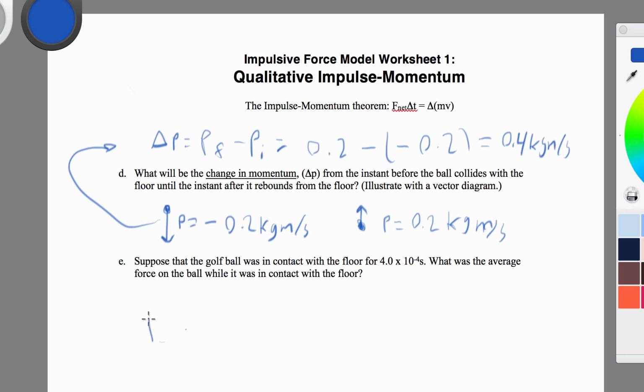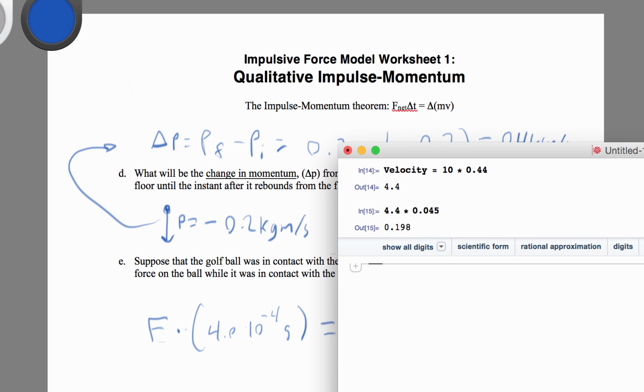So, some force times this time, 4.0 times 10 to the negative 4 seconds, equals the change in momentum. Change in momentum is 0.4. Okay, that means I have to divide both sides by 4 times 10 to the minus 4.